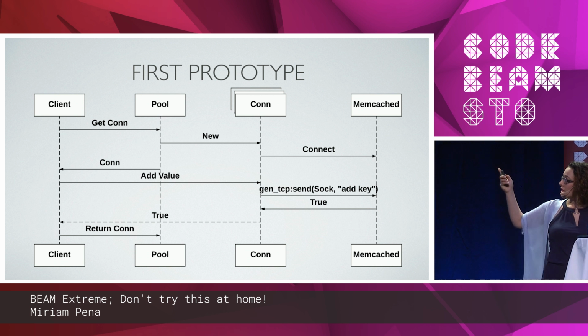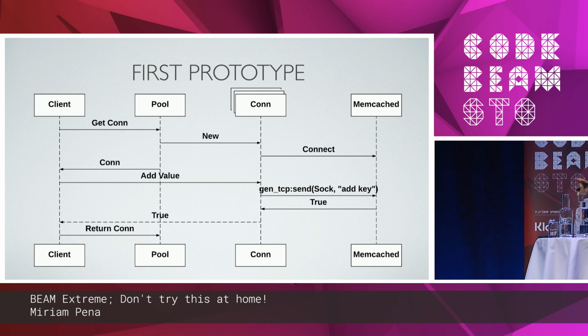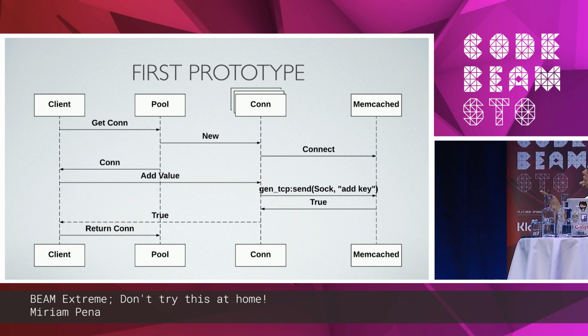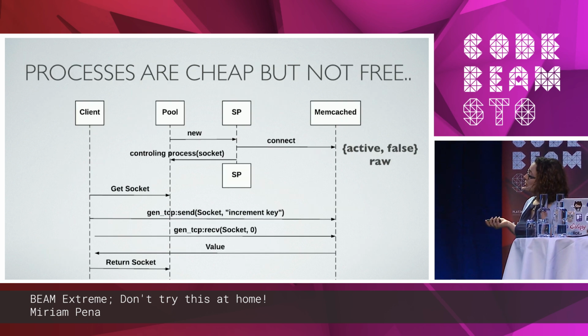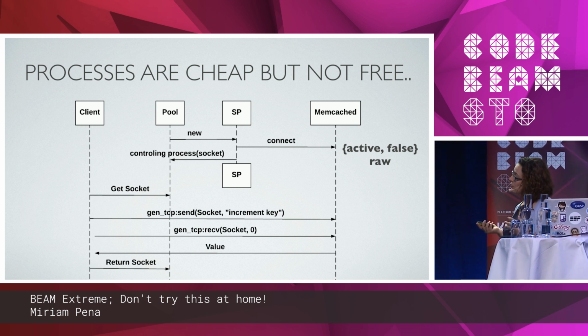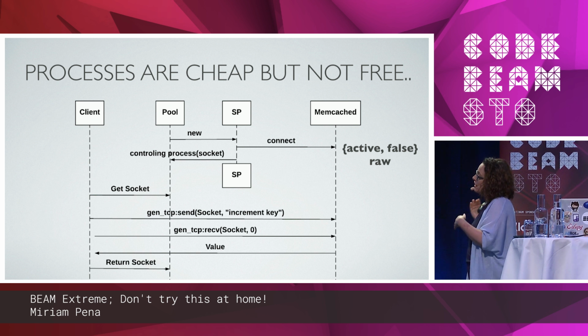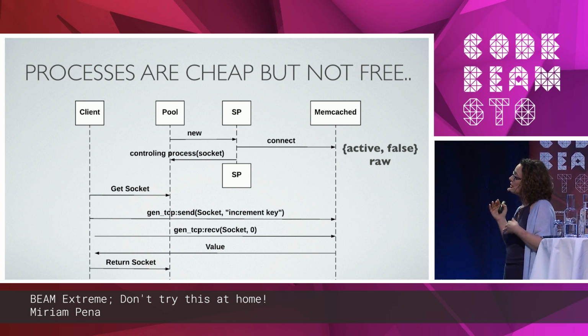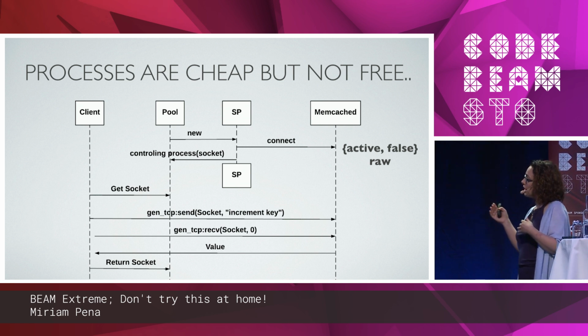If you notice, every connection is handled by a process. So you have a process per socket there. And that's probably too many processes running around that you don't necessarily need. So what you could do is to change this model and have the process just create the socket and then hand over the socket to the pool by doing a controlling process on the socket.